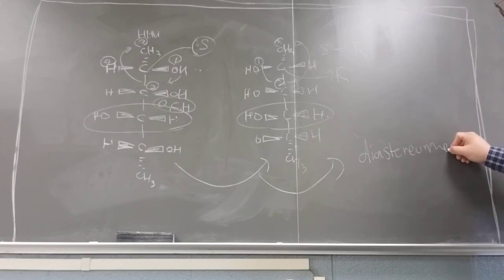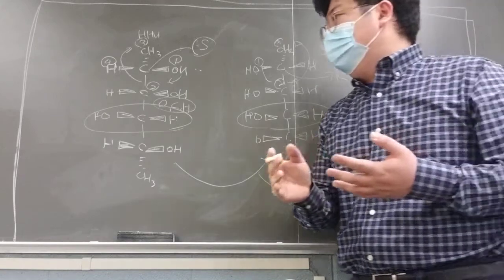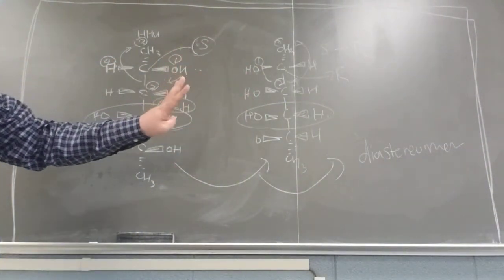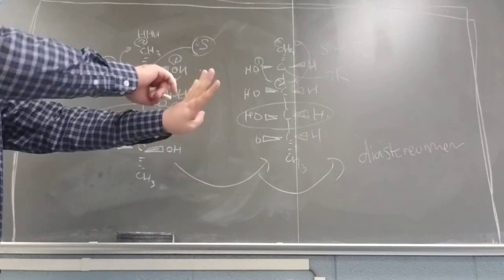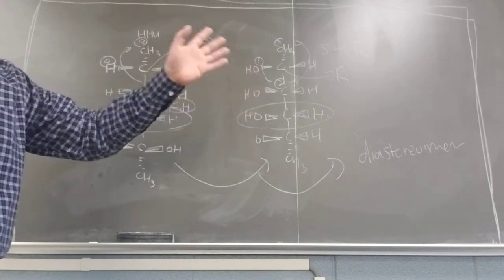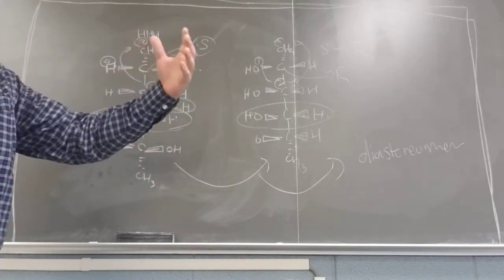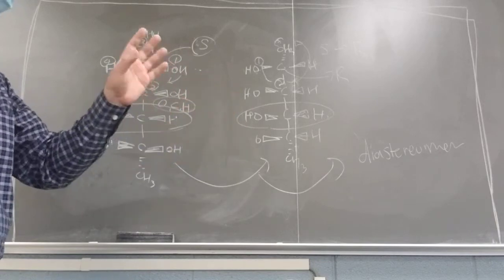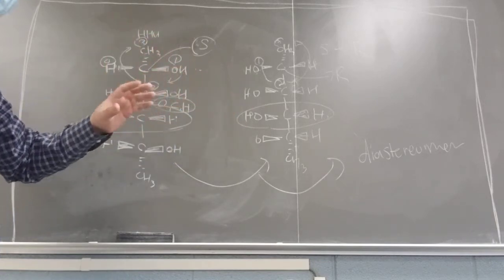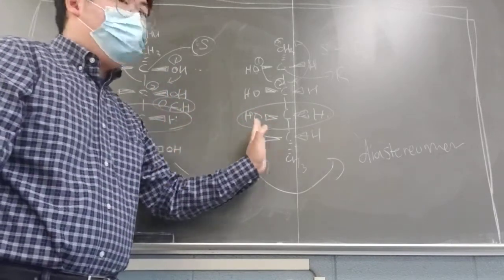I want diastereomers. The meaning is, there are several chiral centers, but if they are all opposite, that makes the compounds enantiomers, because everything is different on the opposite side. But if only a few out of all the chiral centers, maybe 1, 2, or 3 out of 4, 5, or 6 chiral centers, are different, that makes those two diastereomers of each other.